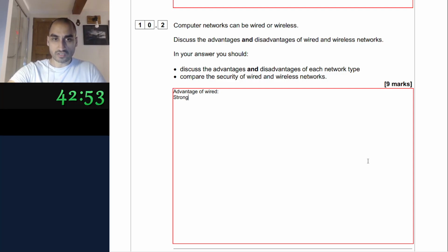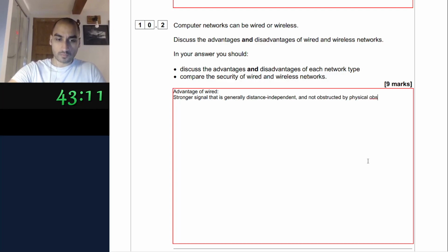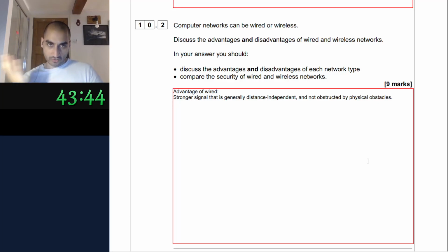You would get a stronger signal that is generally distance independent and not obstructed by physical obstacles, like, I don't know, if you happen to be coding in a Faraday cage. Secure, more secure.